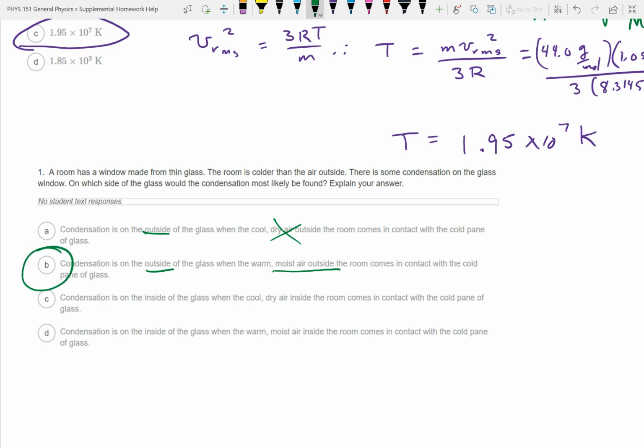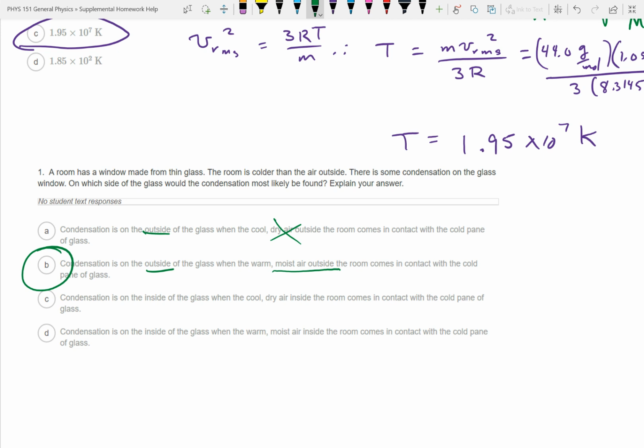So the concept in this one is that there is conduction here because you have conduction through the window. But the primary concept is that condensation occurs when the amount of water in the air is greater than or equal to the maximum the air can hold.